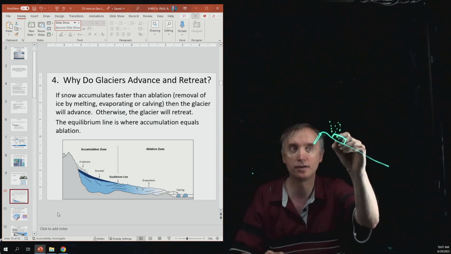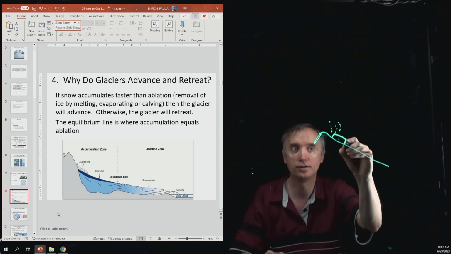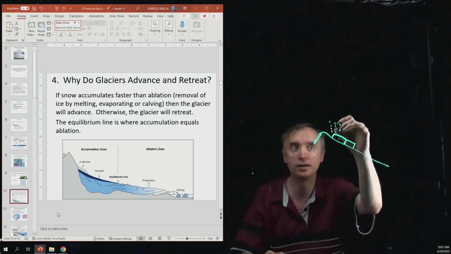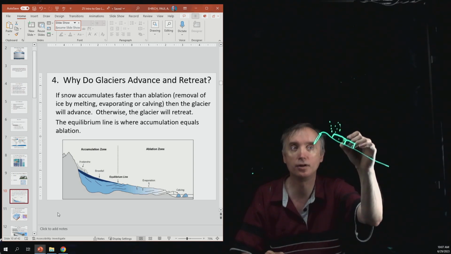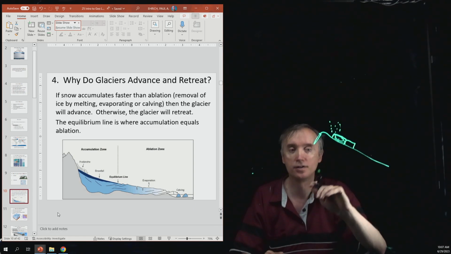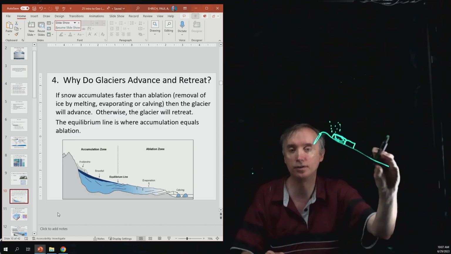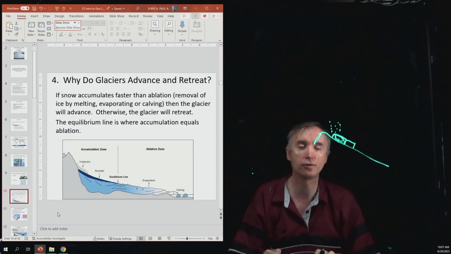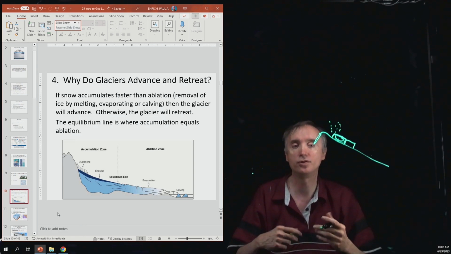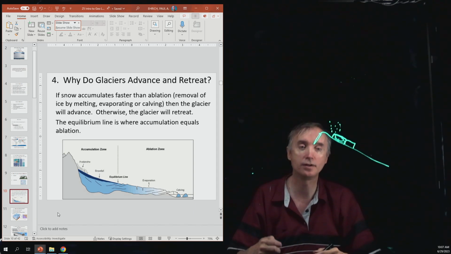So now let's say that this thing is now down to here and it keeps snowing up here, so it reforms more ice like this. So that eventually you get this big thing of ice that's going to be moving downhill as a result of gravity.